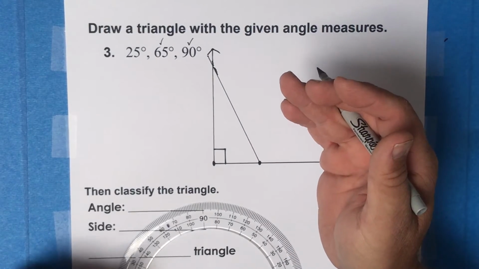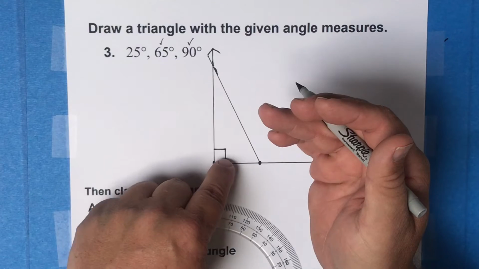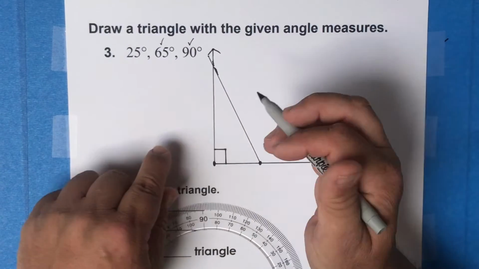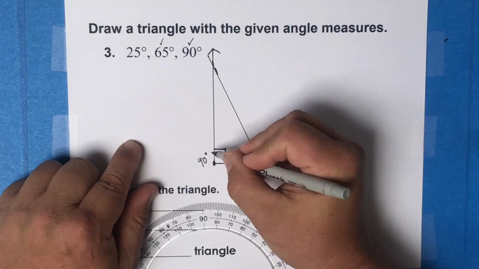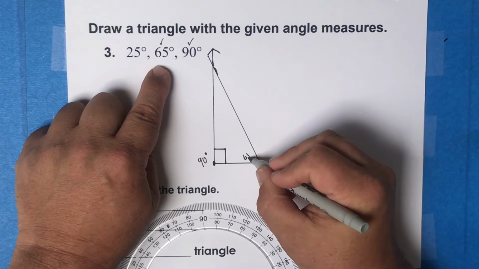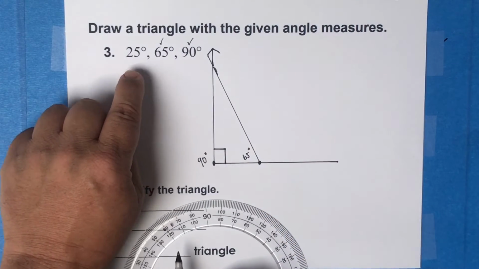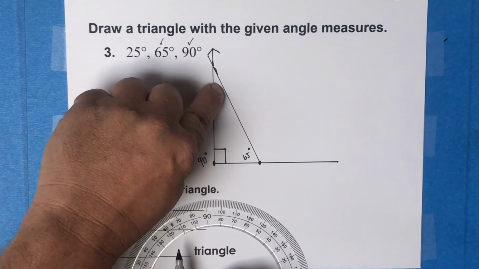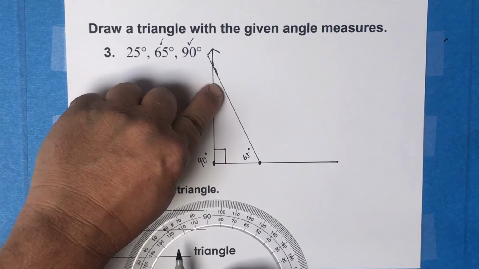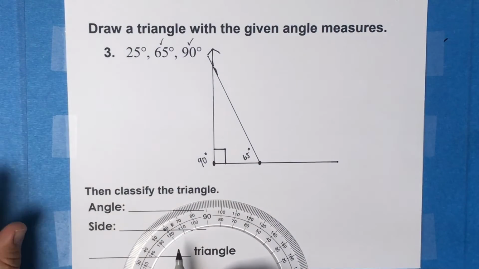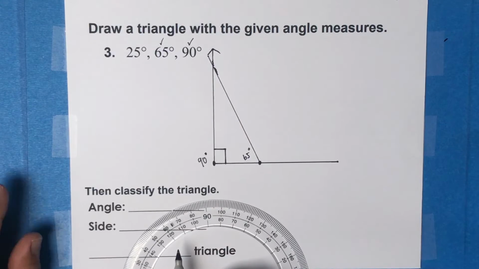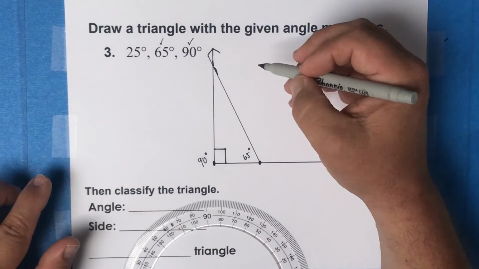All right, but we know that if we have these two angles, and this is 90 degrees, and this is 65 degrees, there's only one amount of degrees that this could be, based on that we know that all triangles add up to 180 degrees. So let's just do some math here.